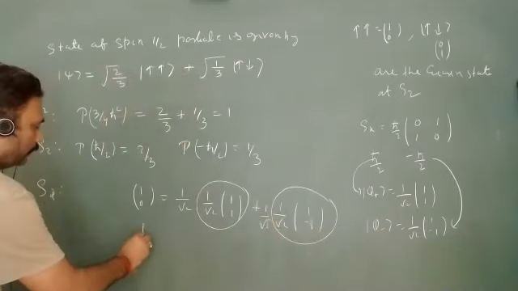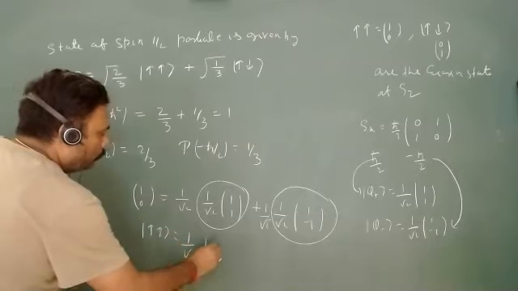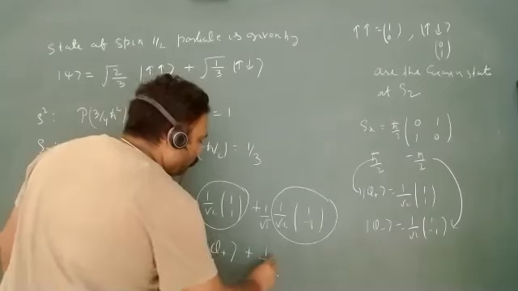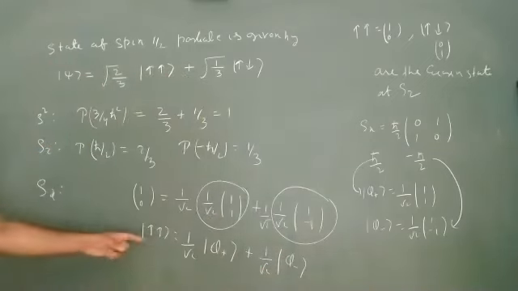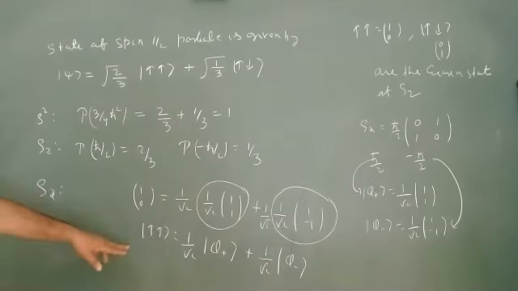And you have written up as 1 by root 2 phi plus plus 1 by root 2 phi minus. So we have changed the basis.